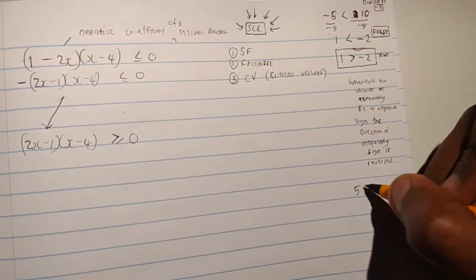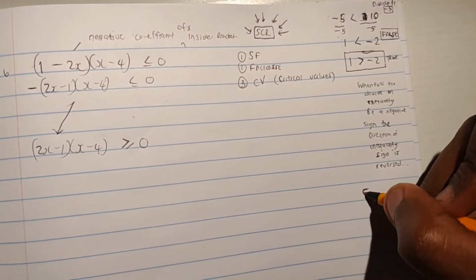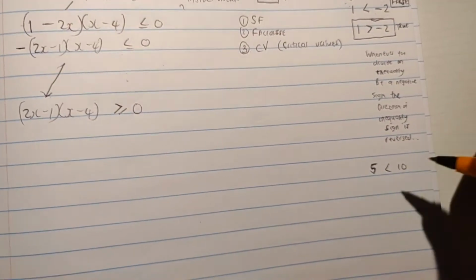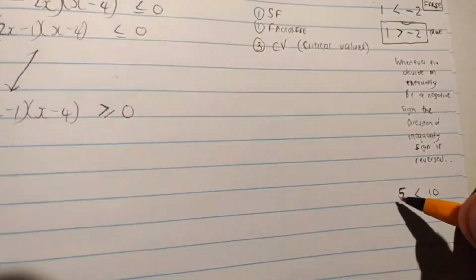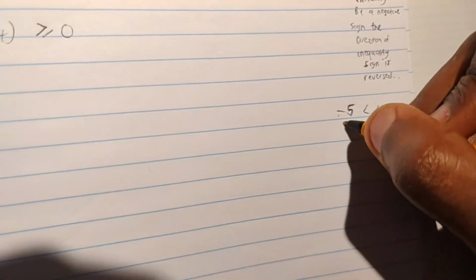But dividing by a positive, guys, let's say the same story. Let's say negative 5 is less than 10. Then I give the instruction, let us divide both sides by positive 5.